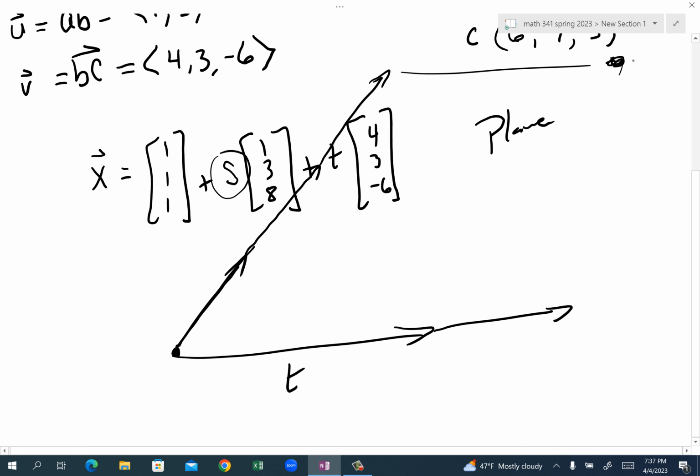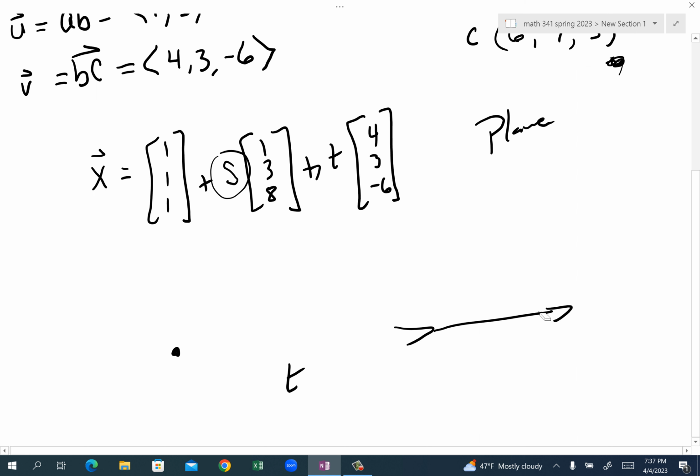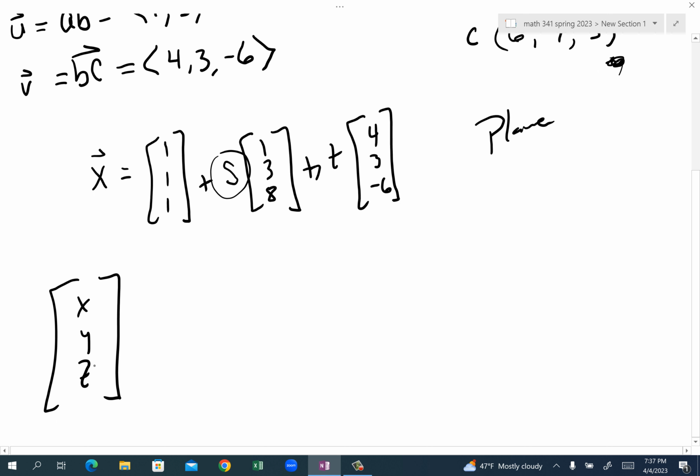Okay? So when I look at this, again, T and S can be any scalar amounts. So for instance, let's find where we are. Where are we, X, Y, Z, that is, when S equals 2 and T equals 4? I don't know. Let's find out.